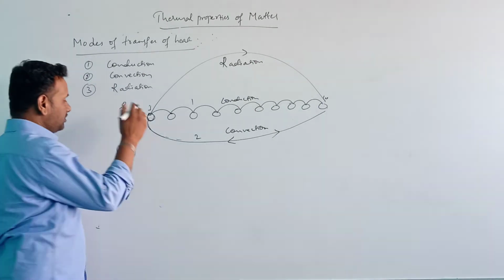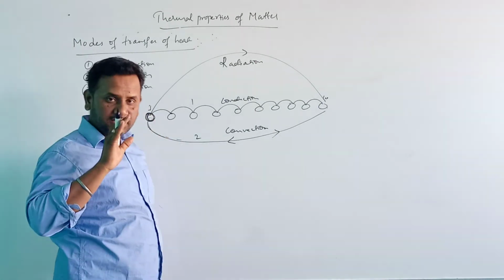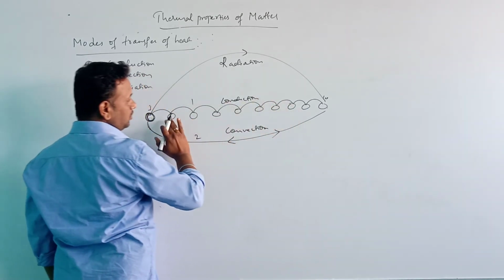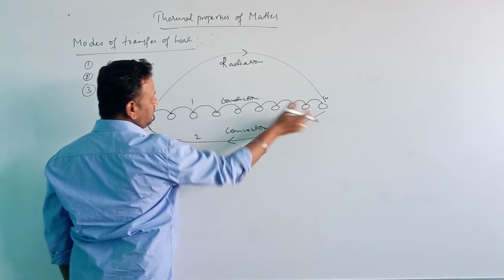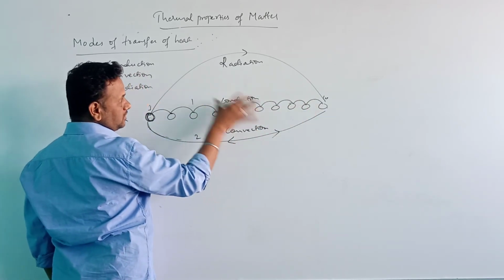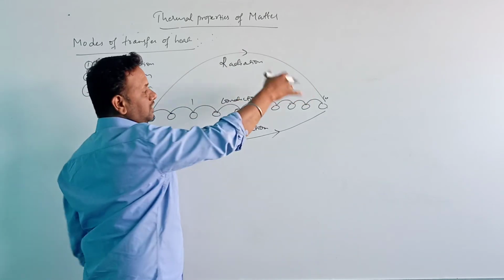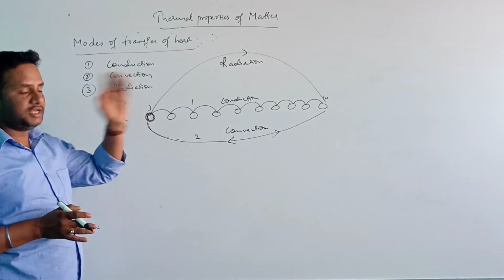Here the first boy is not changing his position. He is sitting in his position and without disturbing the others who are seated between the first and the 10th, he just throws that apple to the last boy, and the last boy catches that apple and takes it.